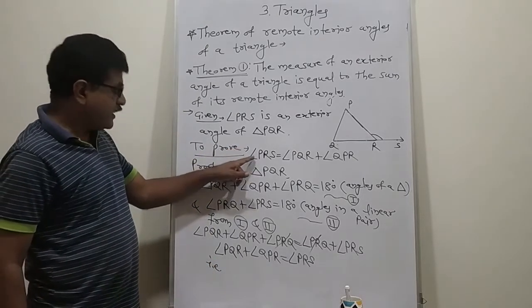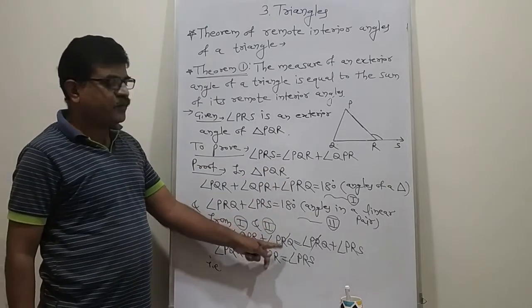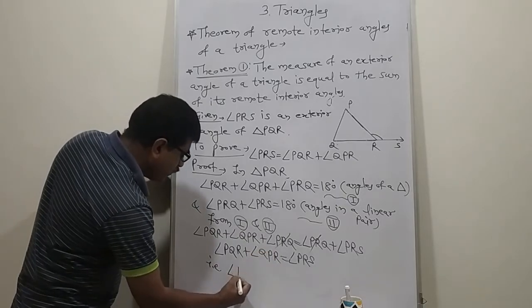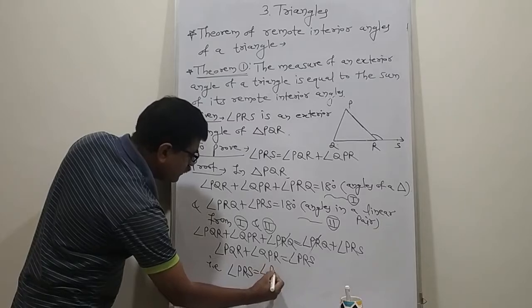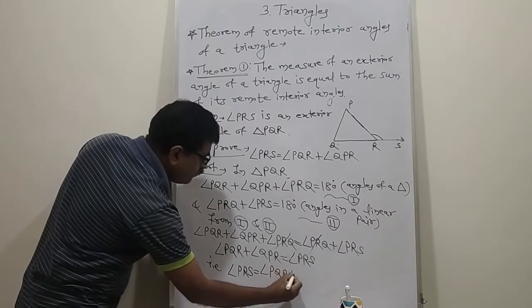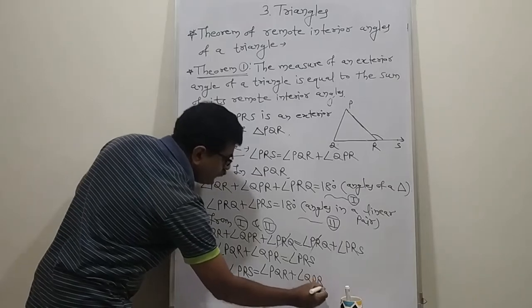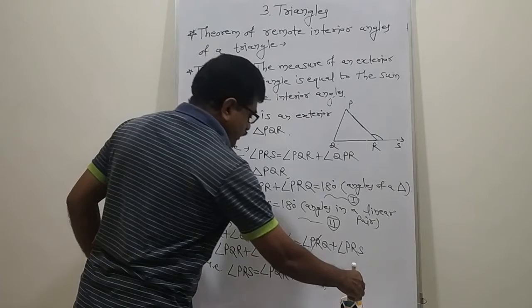We have to prove that angle PRS is equal to angle PQR plus angle QPR. This is the proof.